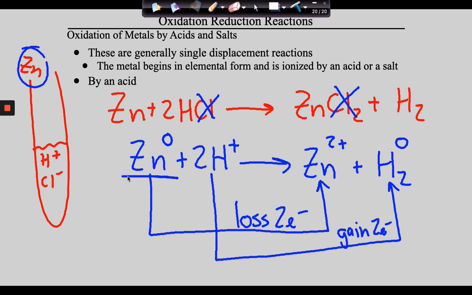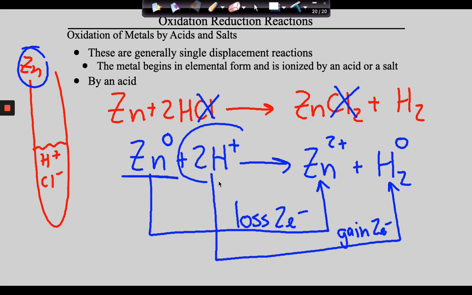Does that make sense? Now guys, be very careful. If zinc is being oxidized, what is being reduced? I know you're scared now because I said be careful. Guys, what's being reduced? Not hydrogen. Hydrogen ion is being reduced.